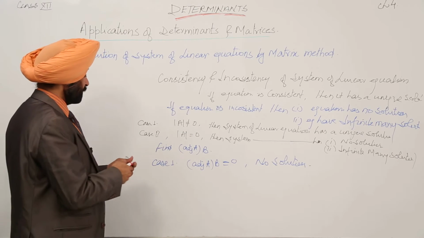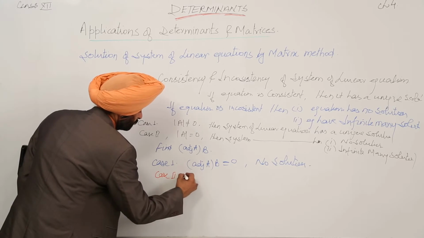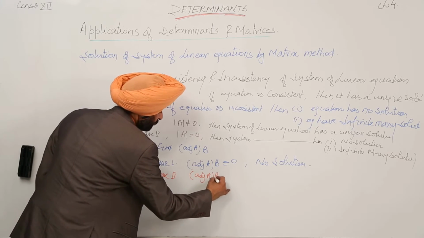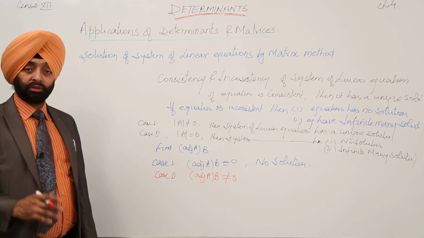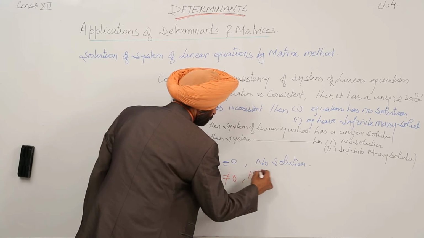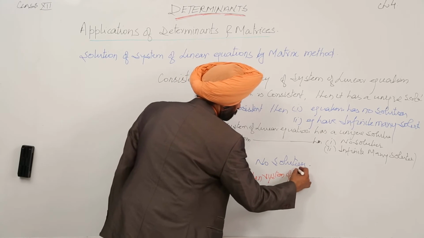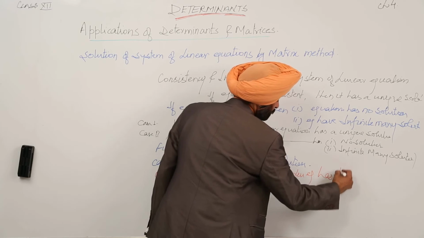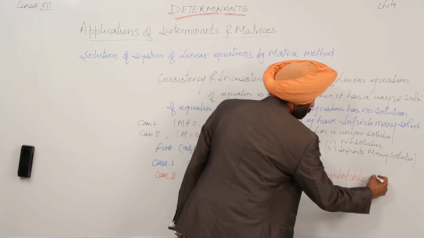And case 2, if adjoint of A with B is not equal to 0, then the system of equations has infinitely many solutions.